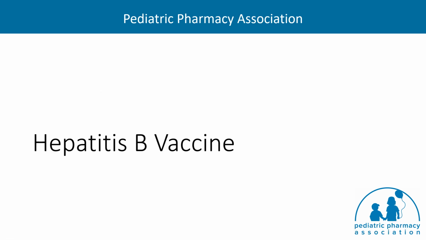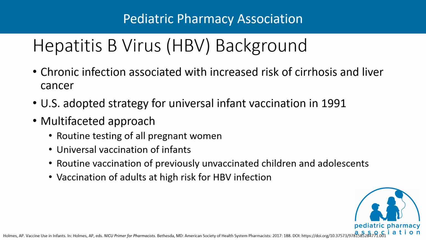Let's now switch gears into discussing hepatitis B. For those afflicted with hepatitis B, it is a chronic infection that's associated with increased risk of cirrhosis and hepatocellular carcinoma or liver cancer. Due to its role in liver cancer, hepatitis B was targeted for worldwide eradication.